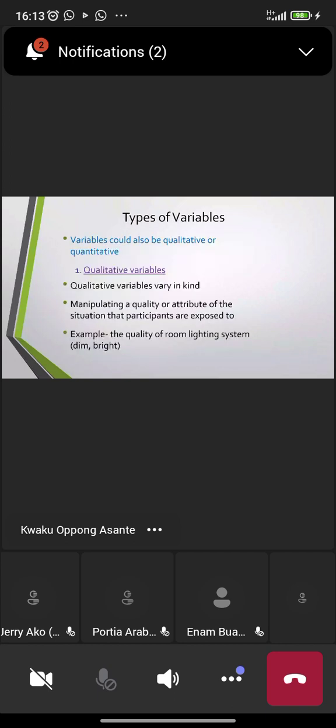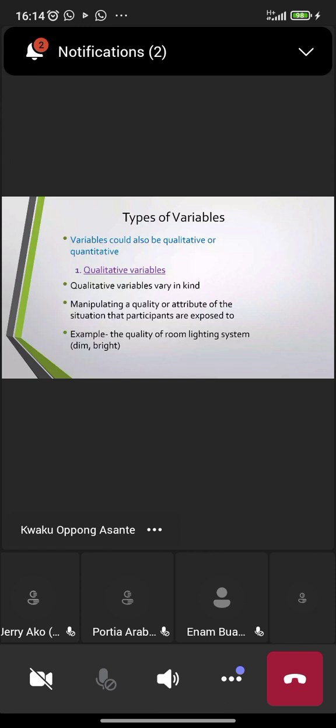Now, some variables can also be qualitative in kind. Qualitative means that they vary in kind. We know the word talks about quality, so a quality or attribute of a situation that participants are exposed to.